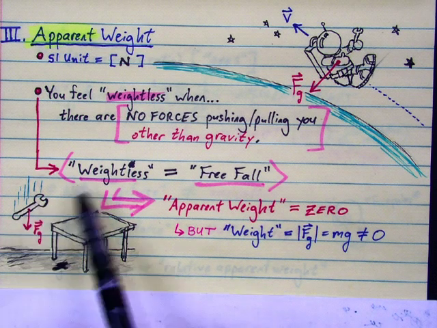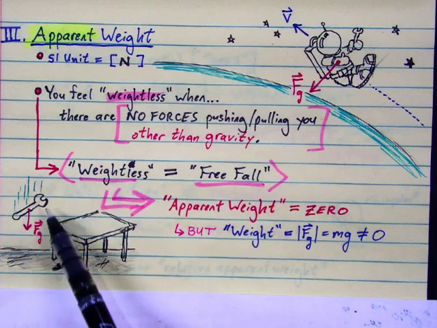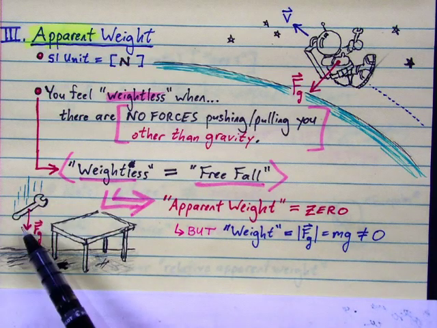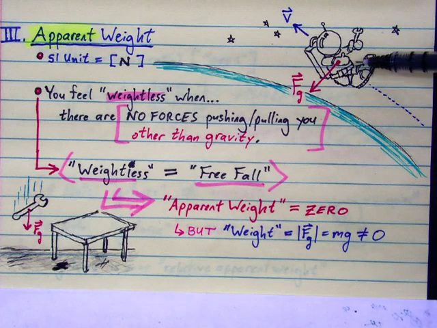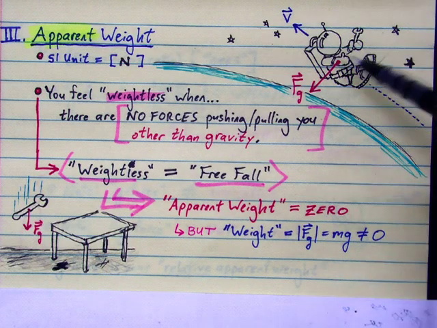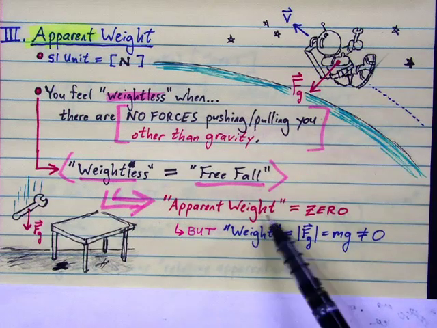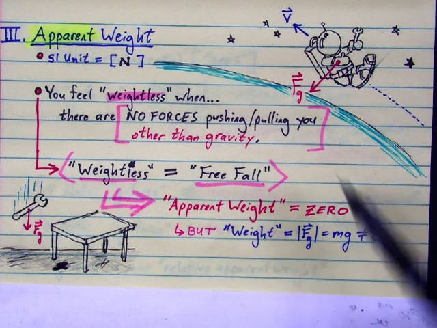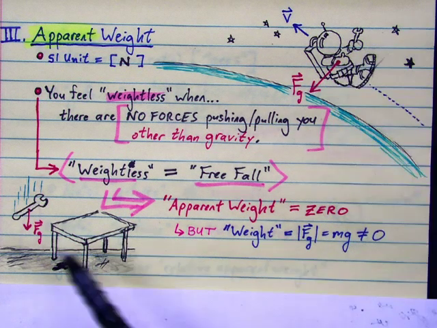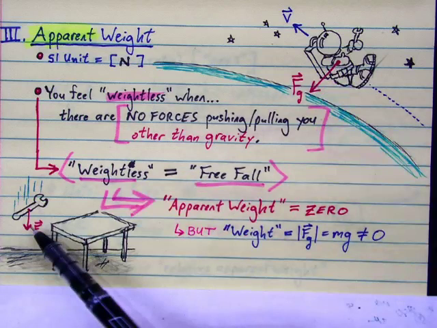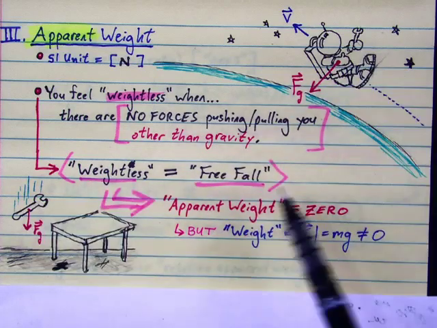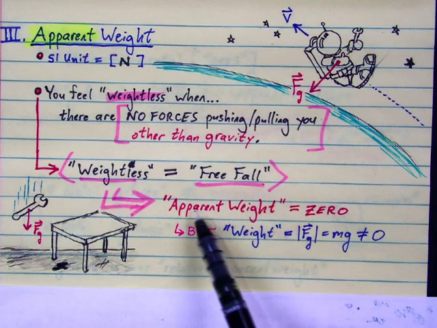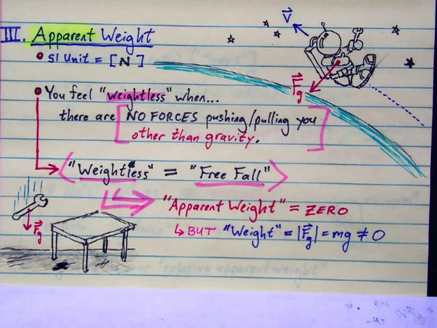This wrench is weightless, it's in free fall. This wrench doesn't feel like it weighs anything right now, just as this astronaut doesn't. So for both of these objects, their apparent weight is 0, although their actual weight is not 0. There is a force of gravity here and here, so they both have a weight at this time, but they feel weightless because their apparent weight is 0.